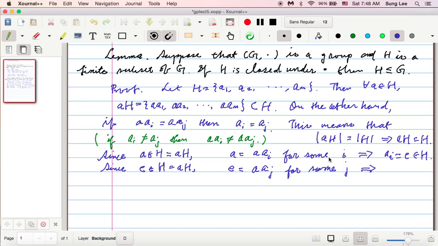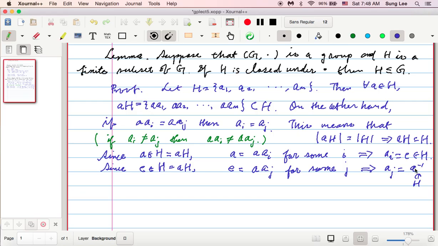So AJ is A inverse, and so we just showed that the inverse element of A is also in H.